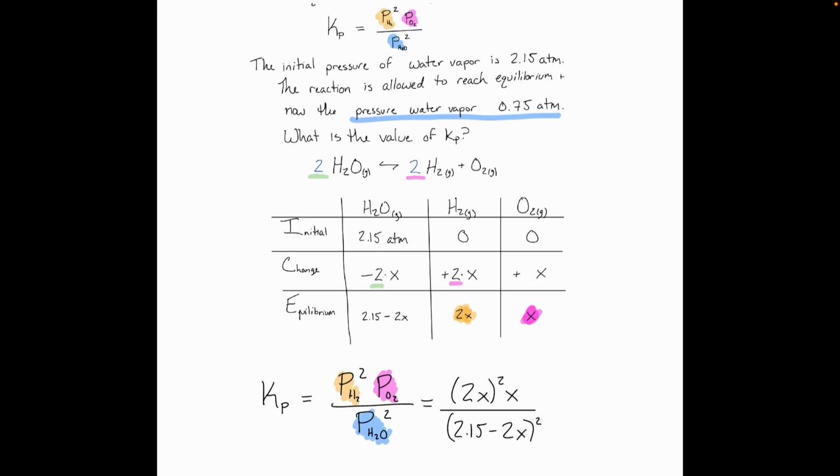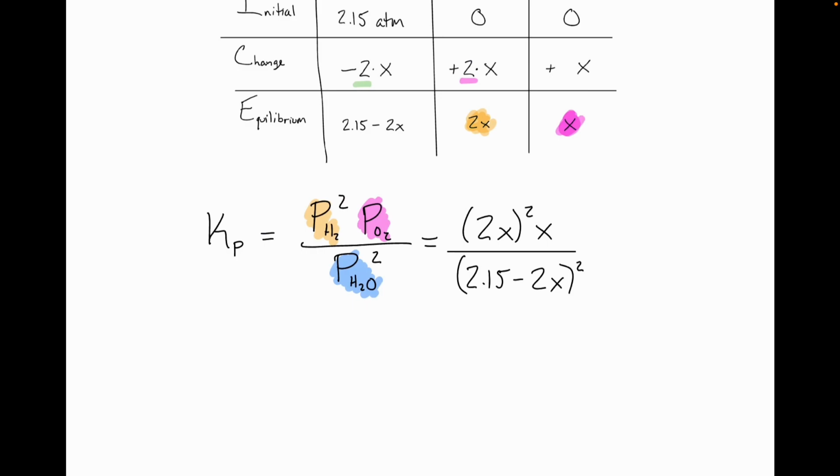That means that my 2.15 minus 2x, I already know what that equals. The equilibrium value is 0.75. So I can set this P of H2O at equilibrium, what was given, that 0.75 atm, equal to 2.15 minus 2x, because that was my equilibrium for water.